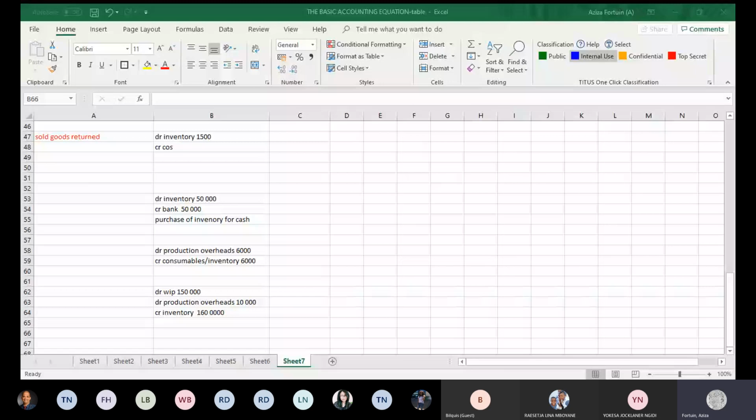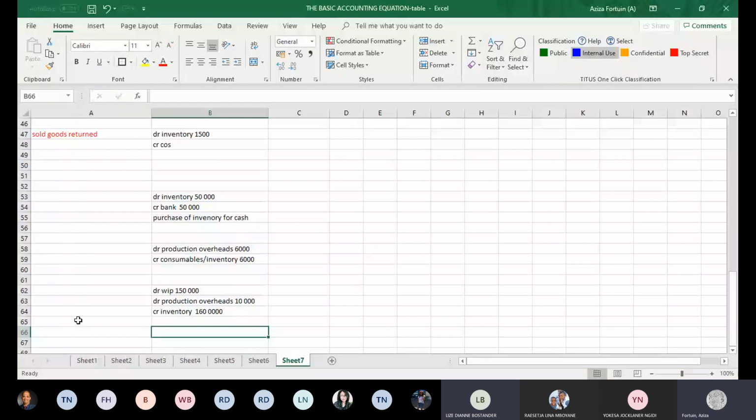Can you see that 42,000 was debited there and the bank was credited at the bottom with materials? Is everybody with me on the same page?